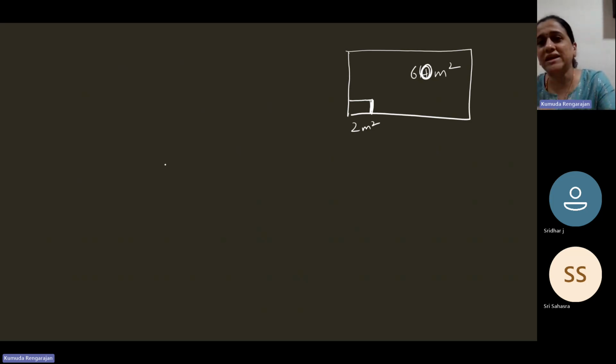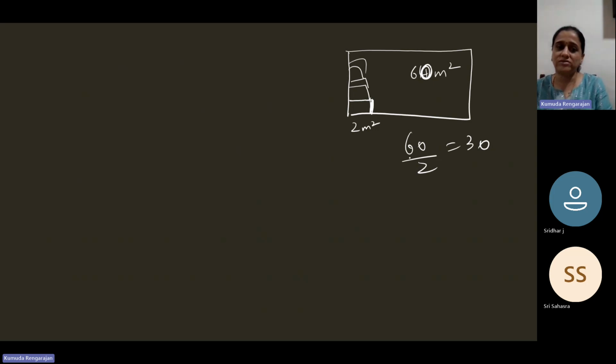When you place the second tile, 4 meters square is covered. The third tile, 6 meters square. The fourth tile, 8 meters square. So how many tiles should you place to cover 60 meters square? 30. So how do you find the answer? 60 divided by 2, 30. If you place 30 tiles of 2 meters square on the floor, the entire floor will be covered.